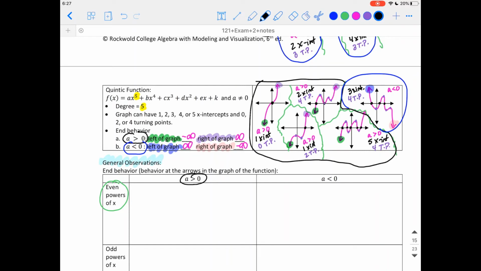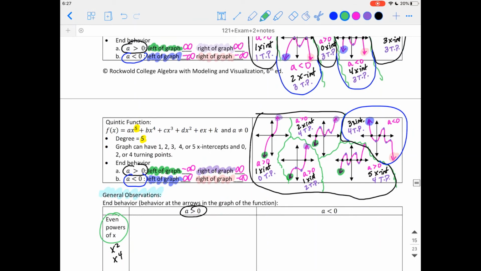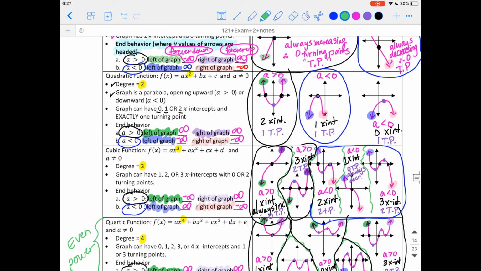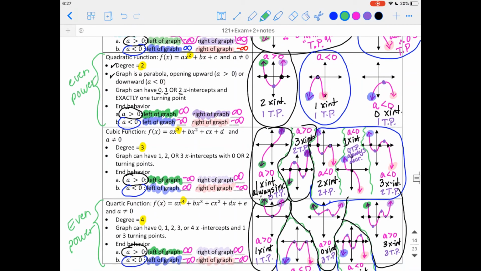So for even powers of x, for example, we have x squared and x to the 4th. So here I'm going to go back here. So this right here is an even power. And this one right here is also an even power. And we're only going to look at A greater than 0.